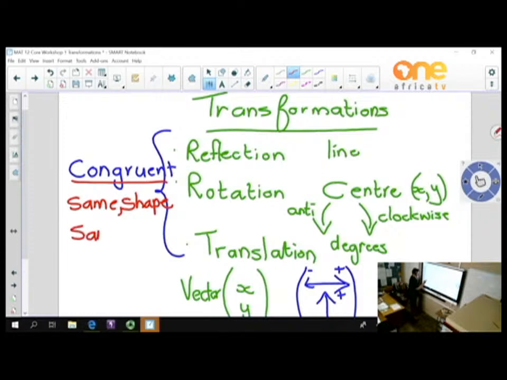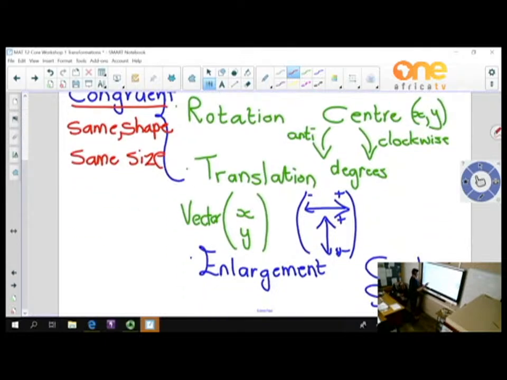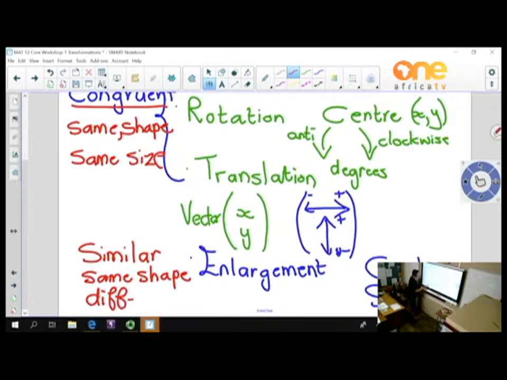The other one is then the enlargement. And the enlargement is similar, similarity, because they are not equal in size, they are similar. And then we say same shape, different size. So this is what we need to know when we do transformations.